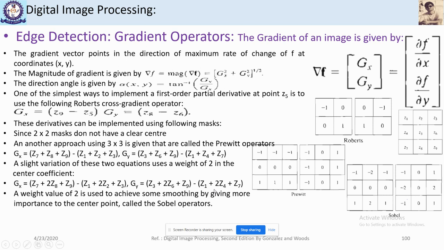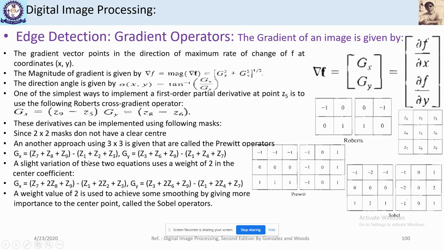This is one advantage of using the Sobel operator. But the Sobel operator is computationally expensive. Why? Because here multiplication also comes into the picture. We have to multiply the pixel value by 2. So 2 pixel values need to be multiplied by 2.